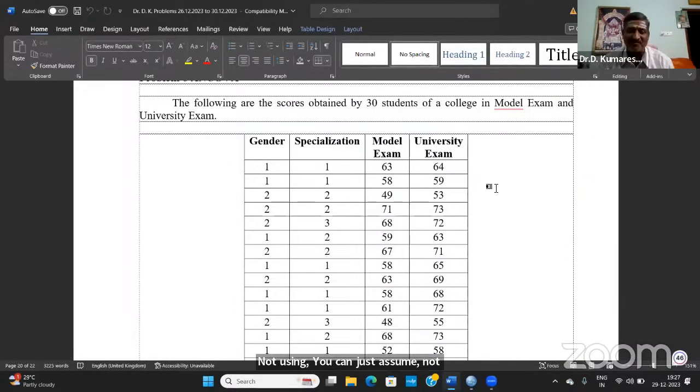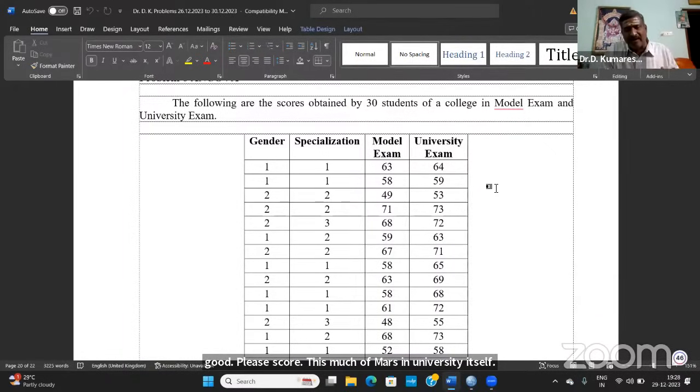Based on the performance in the model exam, we can assume that this particular boy or girl will score this much of marks in the university exam.